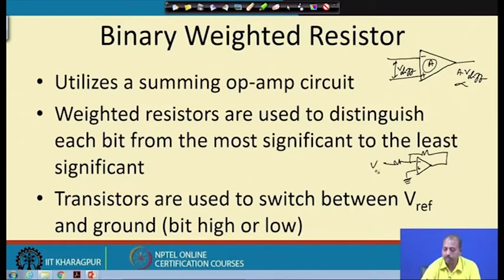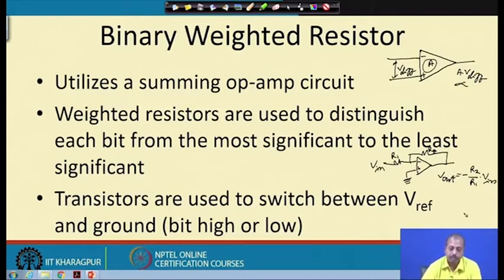If we apply V in here, and this resistance is R1 and this resistance is R2, then the V out value is given by minus R2 by R1 into V in. So, from this infinite gain, we can control the gain of the circuit.